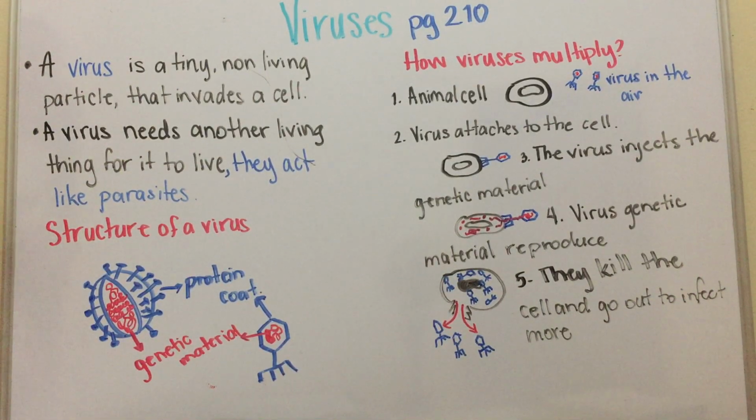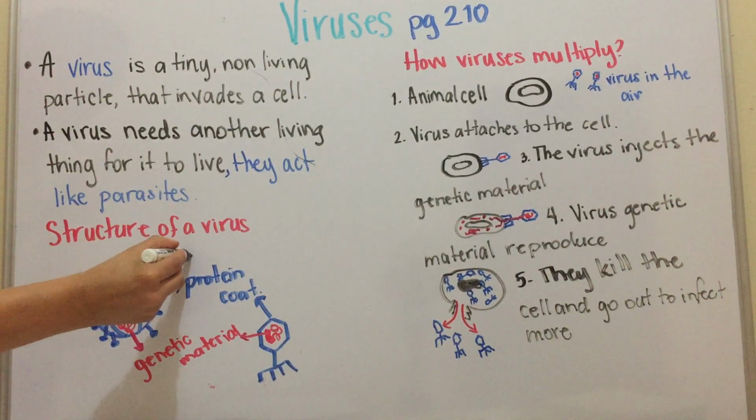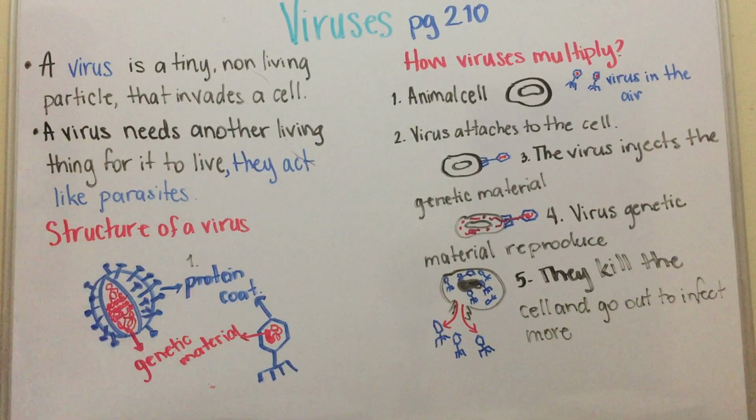All right, what does a virus look like? A virus has two important characteristics in its structure. Number one is that they have a protein coat, and number two is that inside they have genetic material.